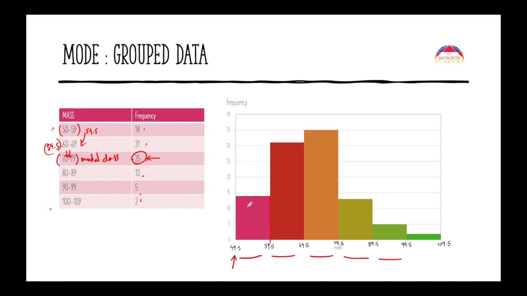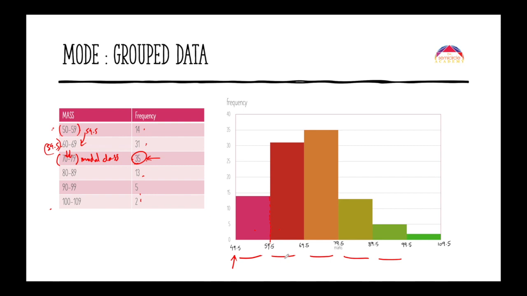So when you're doing your histogram, please ensure that you use your class boundaries. The bars should be right up against each other, and the width of each of the bars should be equal or proportionate to the width of your class interval. Now, how do we find the mode from a histogram? It's kind of a tricky process, actually.